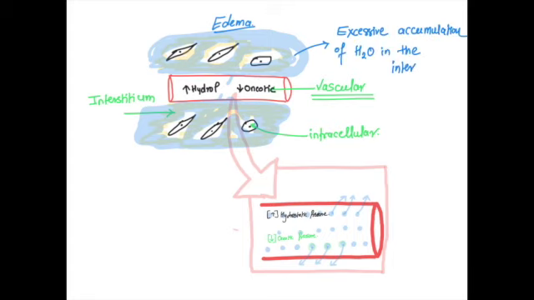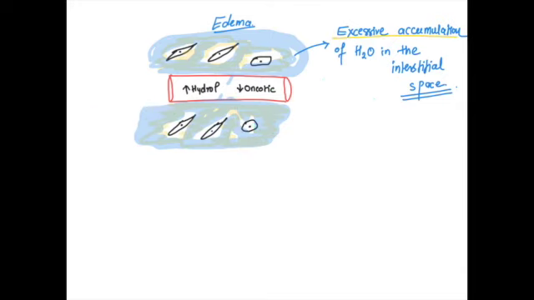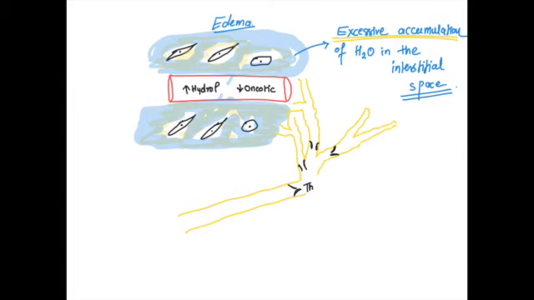This excessive collection of fluid in the interstitial space is drained by a specialized system in the body which carries fluid from the interstitial space towards the venous system and drains into it. This specialized system is known as the lymphatic system.